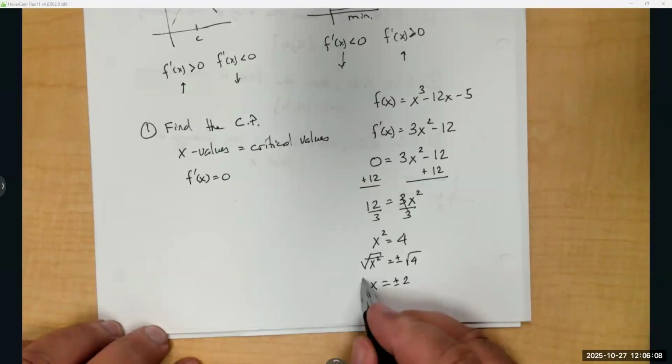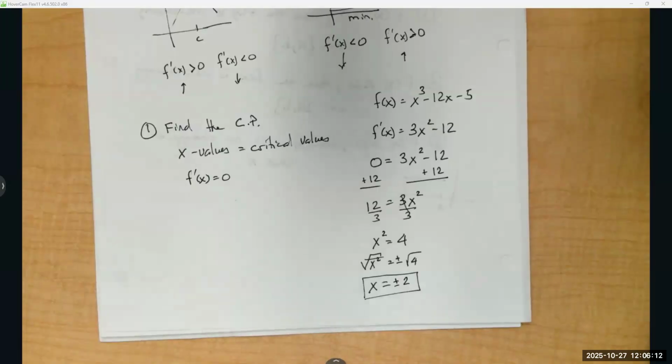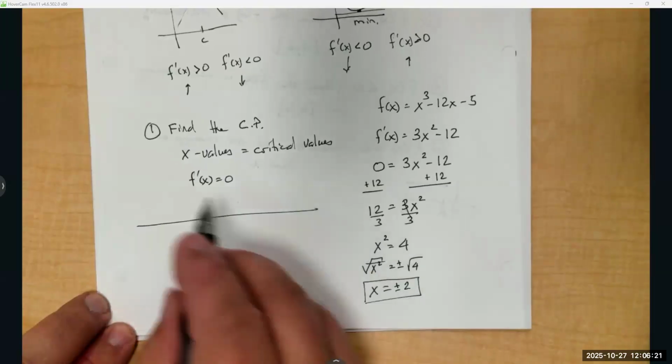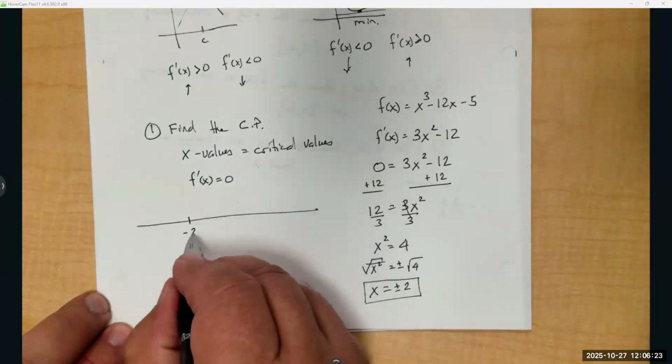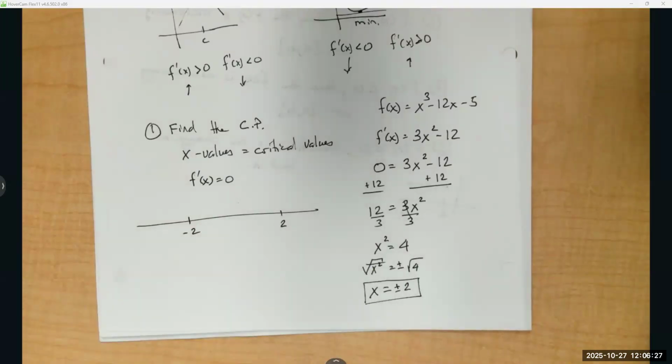Whenever you take a radical of an even root, then you have to put a plus or minus in front of it. So we know the critical points are at -2 and 2, wherever the y values are at that point.